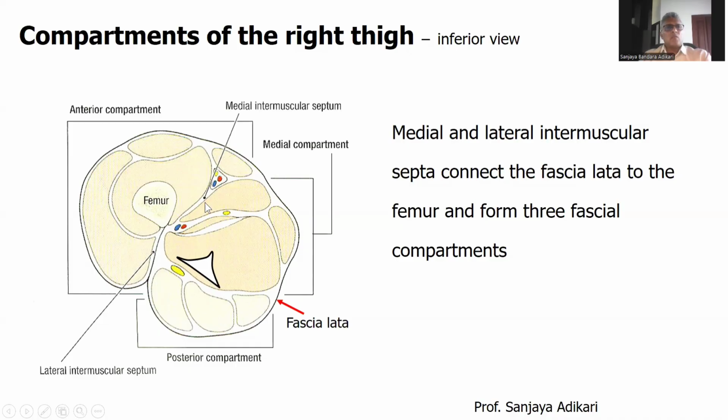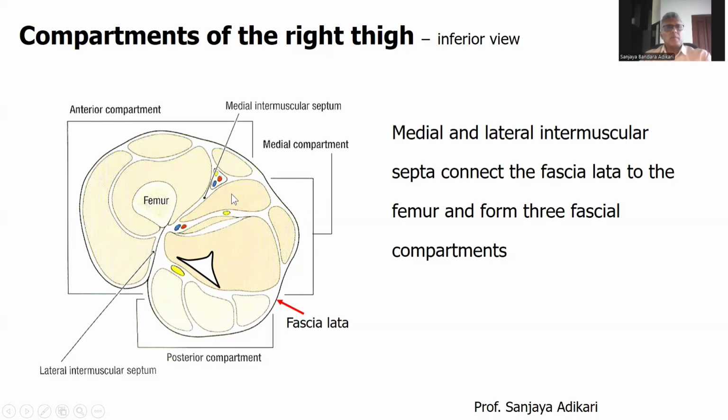Then if you name the muscles, the anterior compartment is largely occupied by the quadriceps muscles. You have rectus femoris, vastus medialis, lateralis, and intermedius muscles. Other than that, you have the sartorius muscle in the anterior compartment. Now, we will list all the muscles. Even pectineus can be included in the anterior compartment. We'll talk about it later.